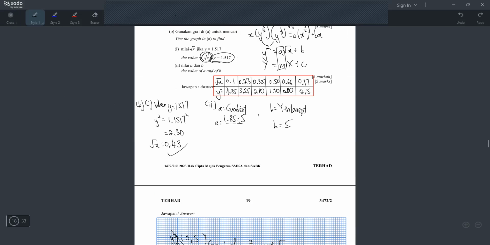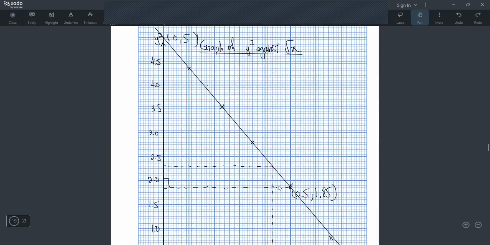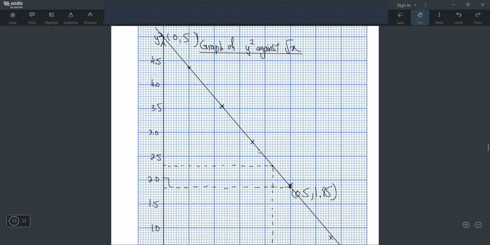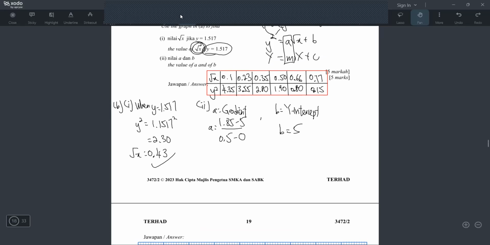Remember the tip I gave you just now. When we find the gradient, we try to choose the x coordinates so that when you subtract, you get a number that is easy to divide by. If you take 0.5 until 0, it means you are dividing by 0.5. And do you know that when you divide by 0.5, it's actually times 2?